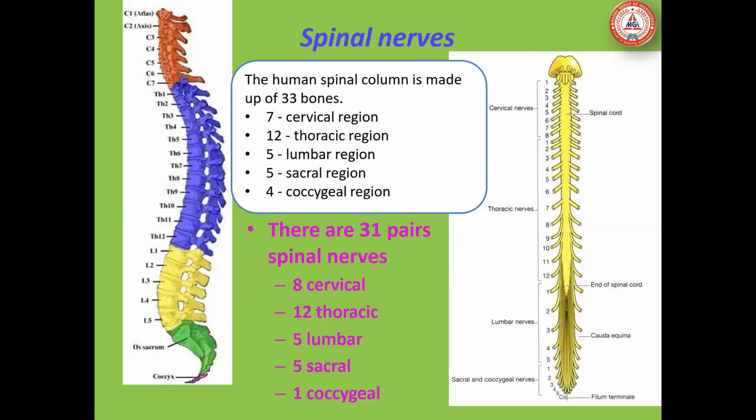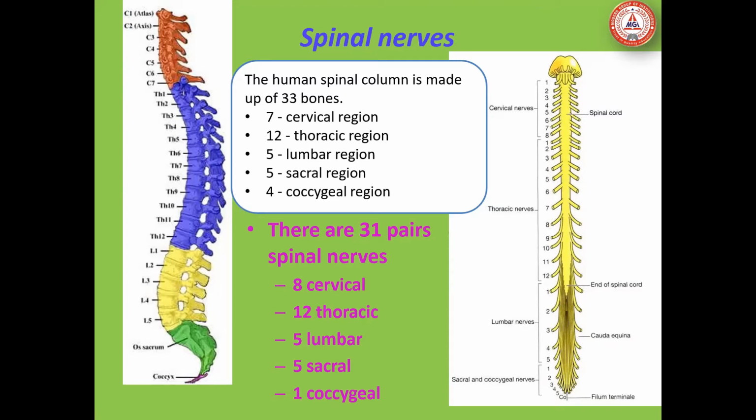Now, as we know, our spinal column is totally made up of 33 bones: 7 cervical bones, 12 thoracic bones, 5 lumbar bones, 5 sacral bones and 4 coccygeal bones.